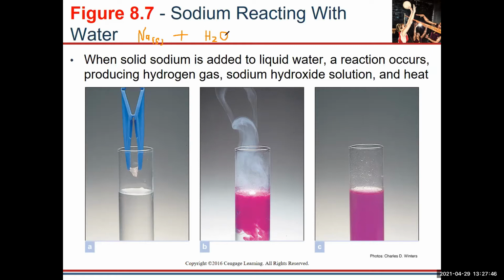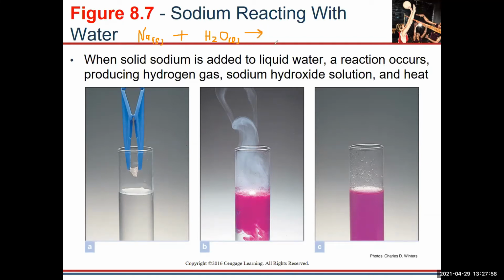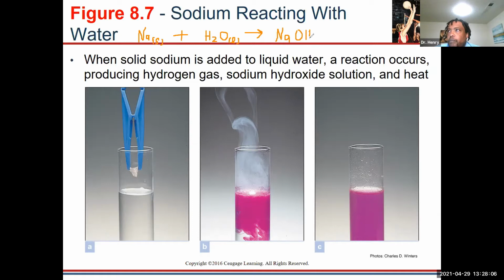Liquid. Okay, so we're going to put a little L in parentheses down here. And then that's going to make NaOH and H2.